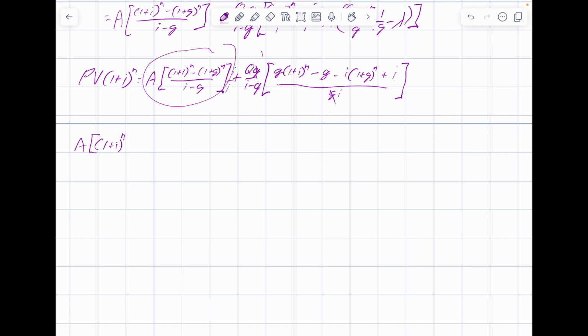So that'll give you 1 plus I to the n minus 1 plus g to the n equals PV 1 plus I to the n times I minus g, I minus qg times 1 plus I to the n minus I 1 plus g to the n plus I minus g.